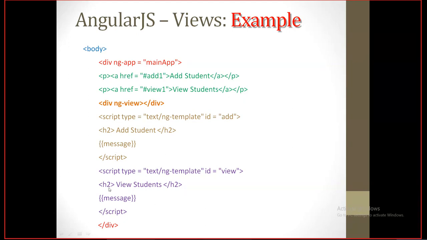Similarly, this message will be replaced by some text which we are providing from the controller of the second view. Understood? So this is how we are creating two templates for the two views that we want to show on the same page. Clear? Okay. Moving ahead.